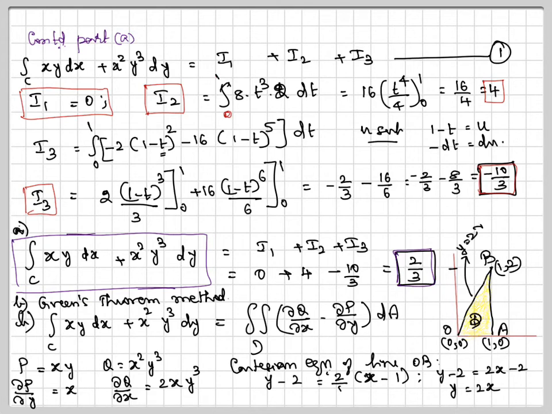That will give us y equals 2x as the equation of the side OB in this triangle. So y here runs from 0 through 2x.